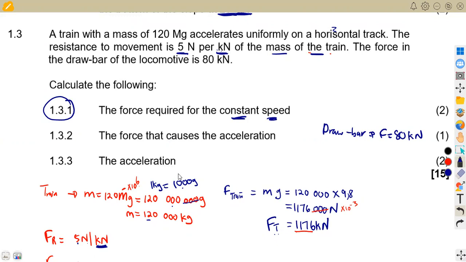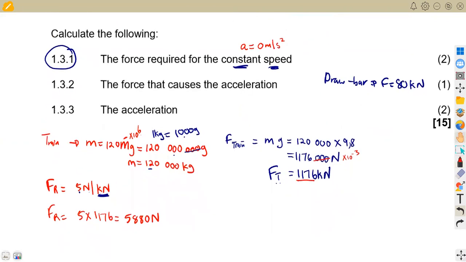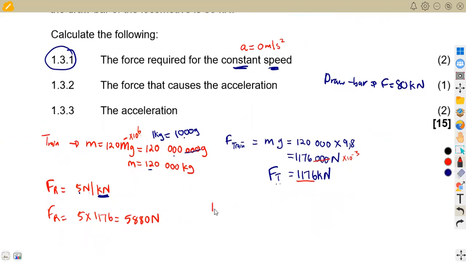So this is the force which affects the accelerating force, but if we are given a constant speed, guys, take note here. If the speed is constant, it means the object is not accelerating. So the acceleration at that moment is 0 meters per square second. So the resultant force is going to be like this. For 1.31, the resulting force is the accelerating force plus the resistive force.